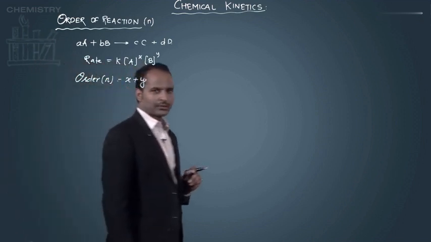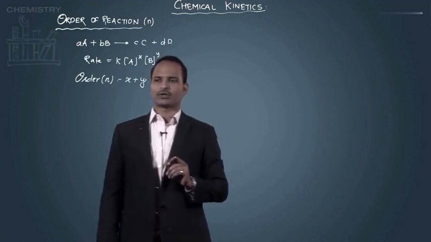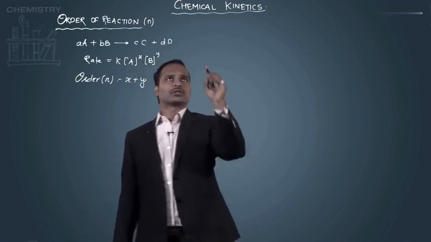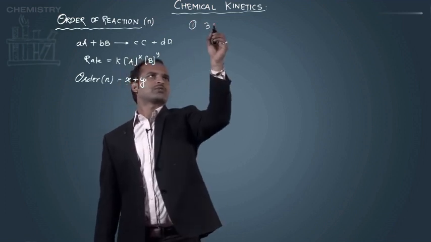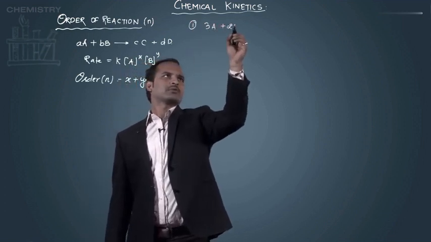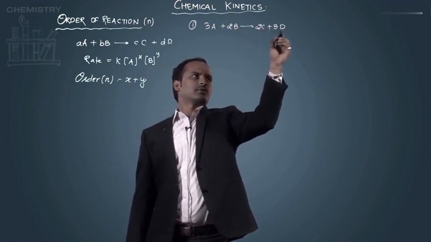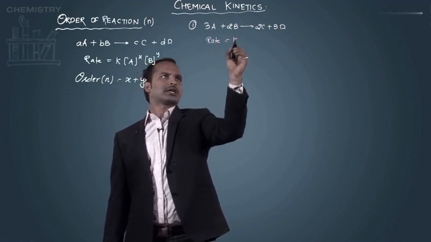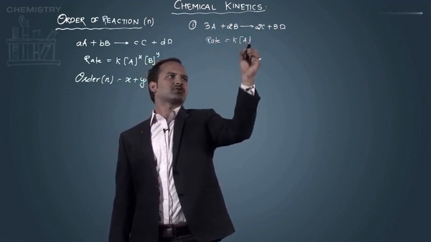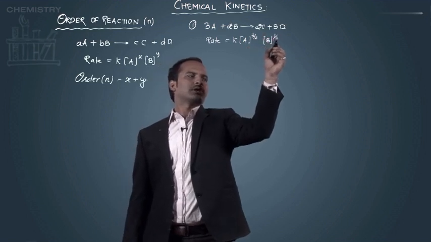Now let's solve some simple numericals, or simple questions which can be asked on the order of reaction. Suppose there is a reaction 3 moles of A plus 2 moles of B gives 2 moles of C plus 3D. The rate law is given, that is K into molar concentration of A raised to 3 by 2 and B raised to 1 by 2.